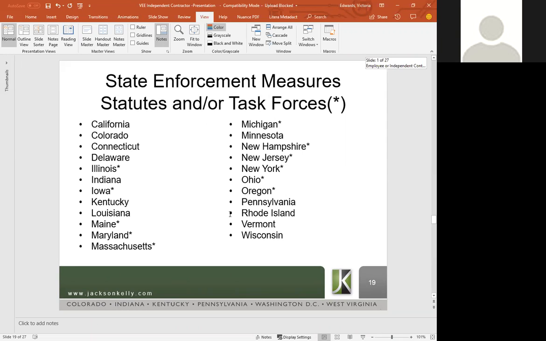And so there are task forces and statutes in these states really focusing on preventing this misclassification and deterring it. I could tell you in Colorado, in May, they passed a law making wage theft a felony.